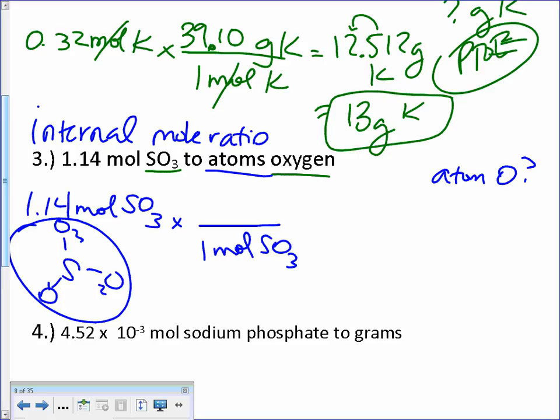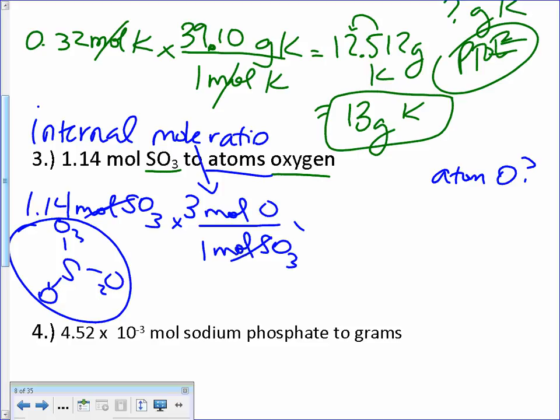So it's called an internal ratio because you're really dissecting the molecule as a whole. So there are 3 times as many oxygens as sulfur trioxides. Does that kind of make sense? You're actually just looking at the subscript. You're saying there are 3 of them in 1 of those. So we have an internal mole ratio. That's what we just did. Now we can cancel moles of sulfur trioxide.